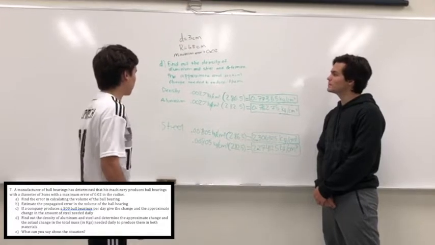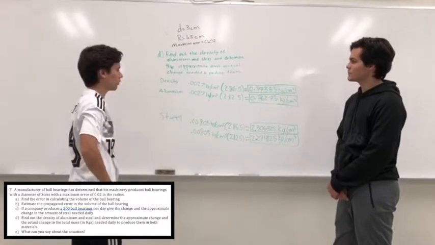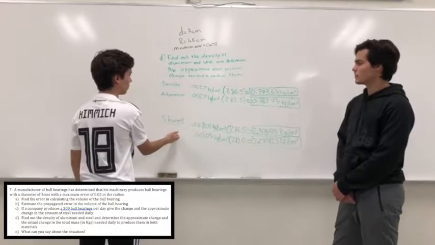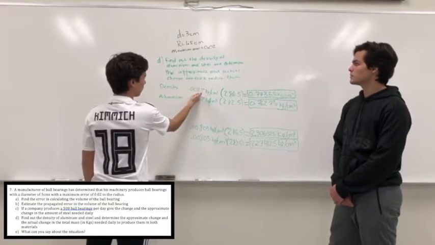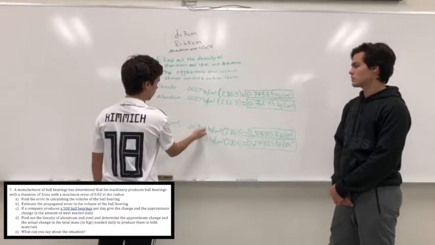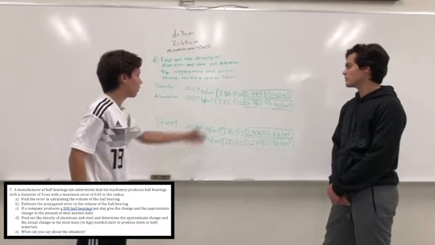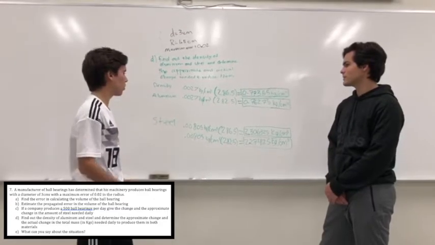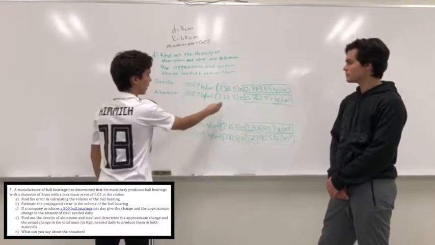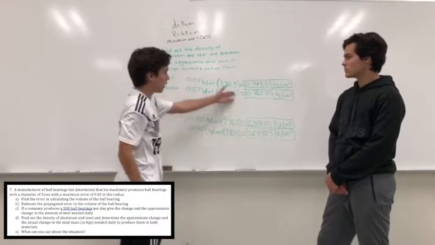In part D, we have to find the density of aluminum and steel and determine the approximate and the actual change needed to produce them. To do that, we have to find the kilograms per cubic centimeter of both aluminum and steel, which are 0.0027 for aluminum, and for steel it's 0.00805. And to find how effective the cost would be to produce a single ball bearing, what we have to do is multiply our densities by the approximate and actual changes, and we get the numbers here.